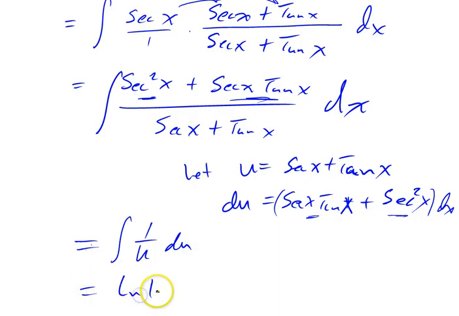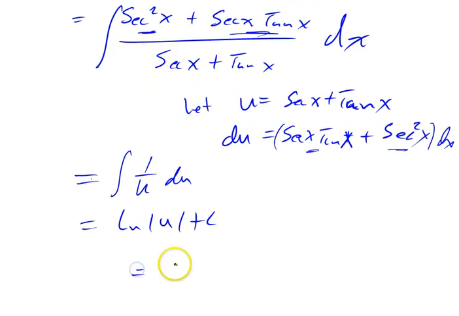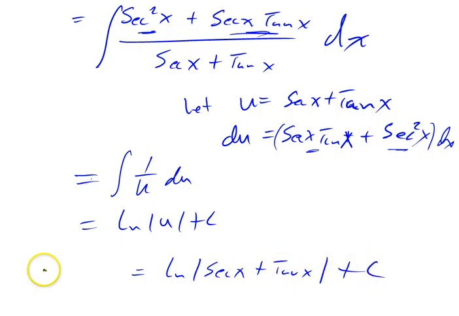which would be the natural log of the absolute value of u plus a constant, which is the natural log of the absolute value of, remember u was secant x plus tan x, plus a constant. The integral of the secant of x dx is the natural log of the absolute value of secant x plus tangent x. I hate to say that's one you got to memorize, because you don't.